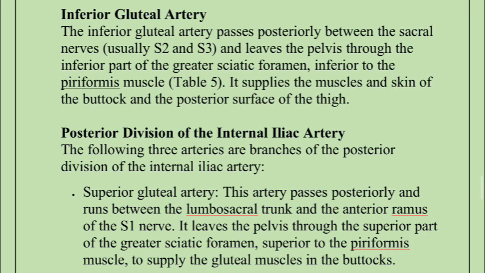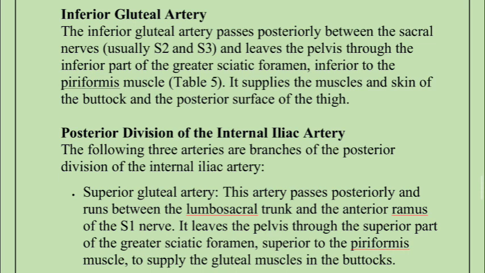The superior gluteal artery leaves the pelvis through the superior part of the greater sciatic foramen, and at this point is superior to the piriformis muscle. The superior gluteal artery supplies the gluteal muscles in the buttock.